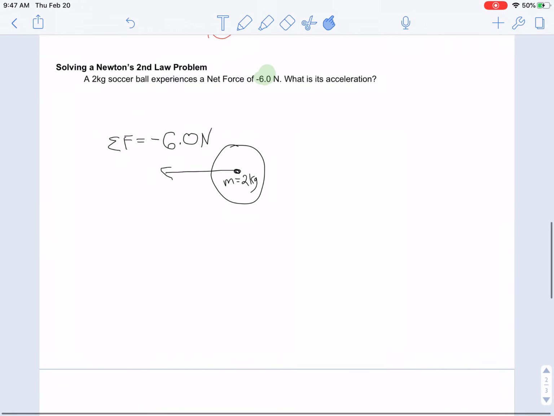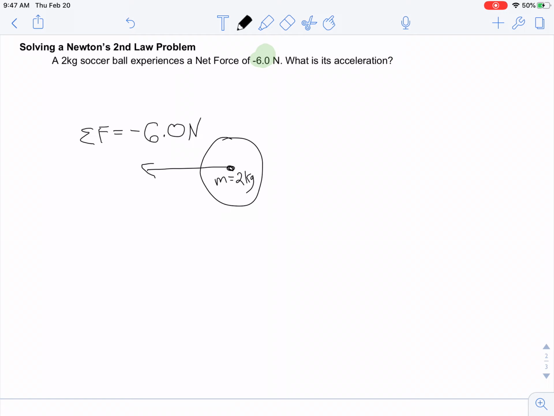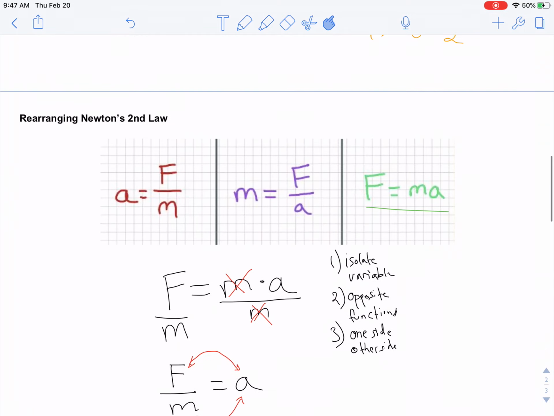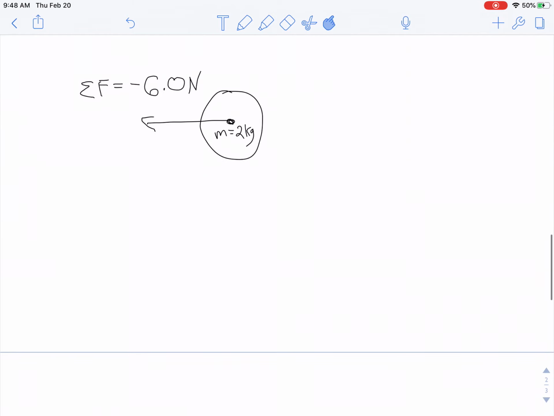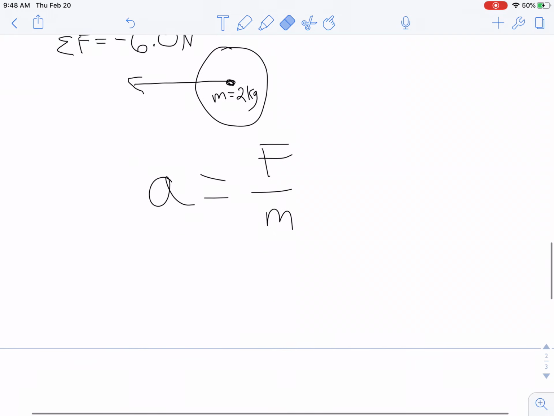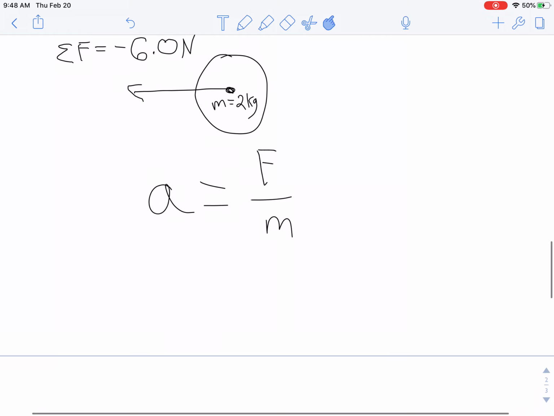And then all you got to do is use Newton's second law. It's asking for acceleration. So let's use one of these equations that has acceleration already isolated. Let's use that one. A equals F over M. Now, I'm going to use my homie algebromi again. I can make that a better F for force, or net force is the more accurate way of saying it with Newton's second law.